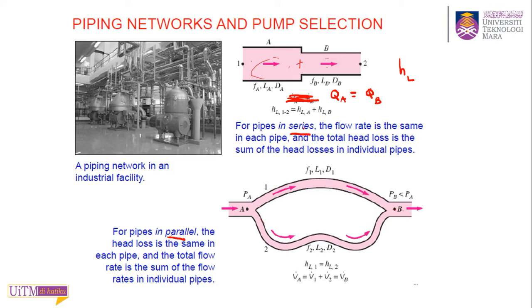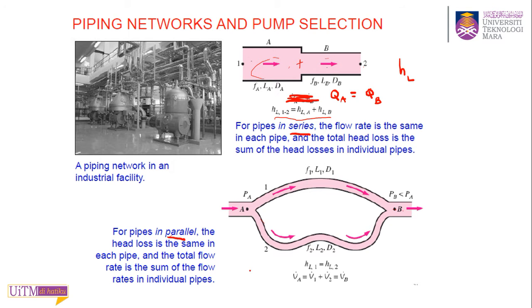This is what is mentioned here: the head loss between point 1 and point 2 is the summation of the head loss in pipe A, HLA, plus the head loss in pipe B, because it is connected in series. So these are the two things that you need to remember for pipes in series.